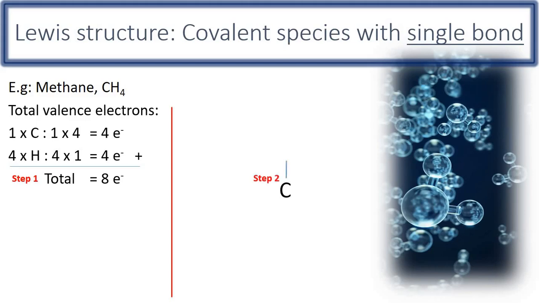Then, draw 4 lines representing the covalent bond around the central atom carbon to occupy all 4 hydrogen atoms. Here, we have to subtract all 8 electrons used in all 4 covalent bonds, since each covalent bond consists of 2 shared electrons.